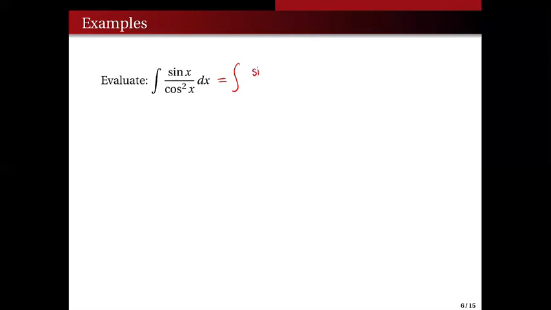So you have sine x divided by cosine x times cosine x dx. Then one of the cosine x, you join it with your sine x, and you separate the other cosine x. So you can rewrite this as sine x over cosine x times 1 over cosine x, and then you have the dx.